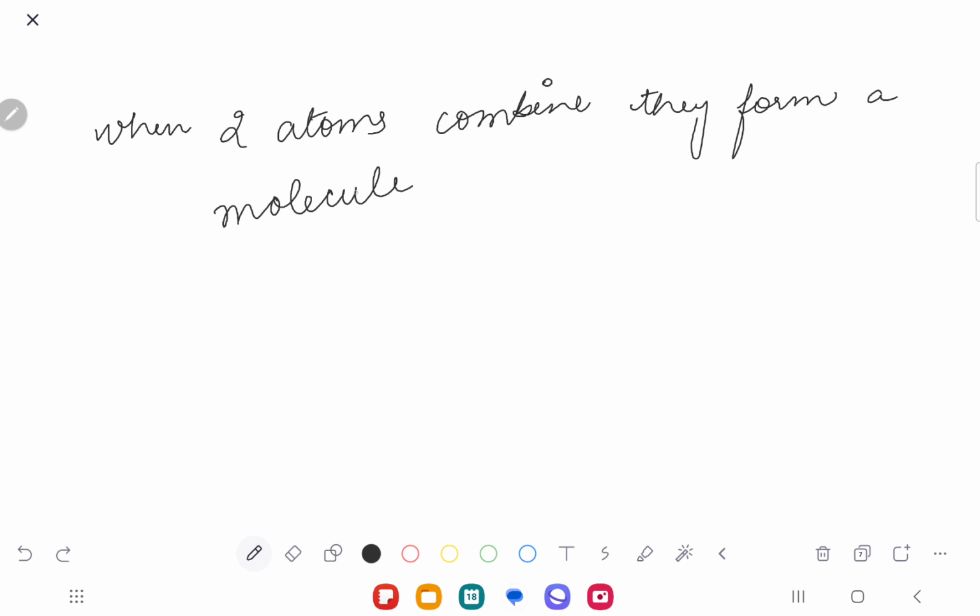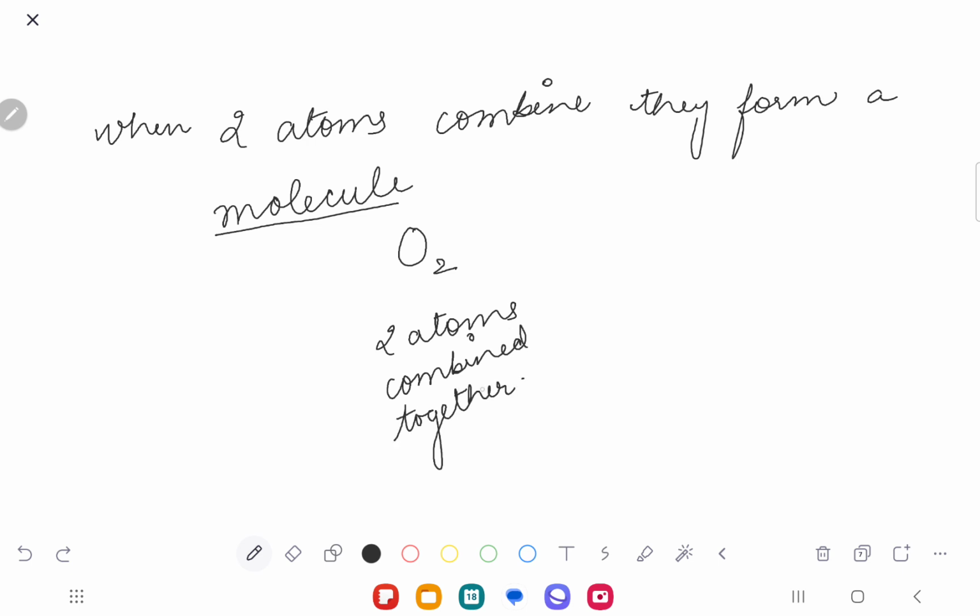Like suppose if I say O2, the 2 written at the bottom indicates that there are two atoms combined together. Do you understand my point? O2 means two atoms combined together.